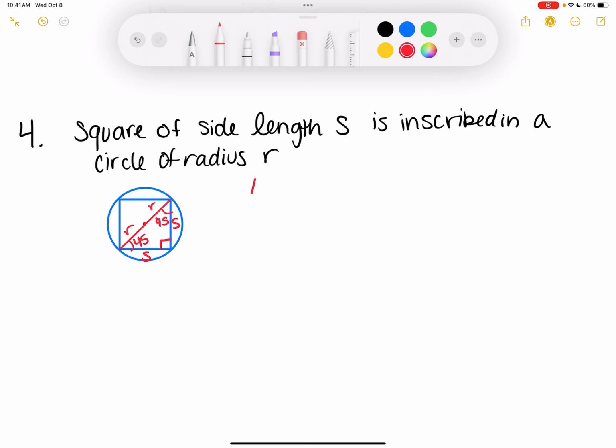So the area of a square is just side squared. And the area of a circle is pi r squared.